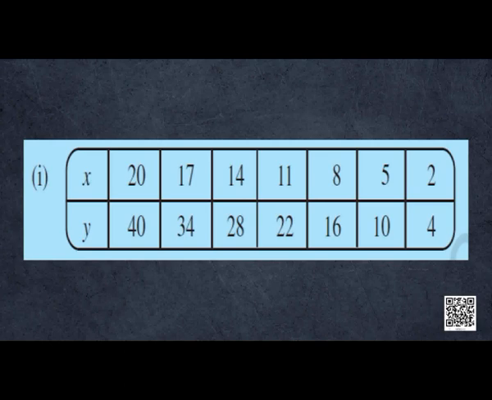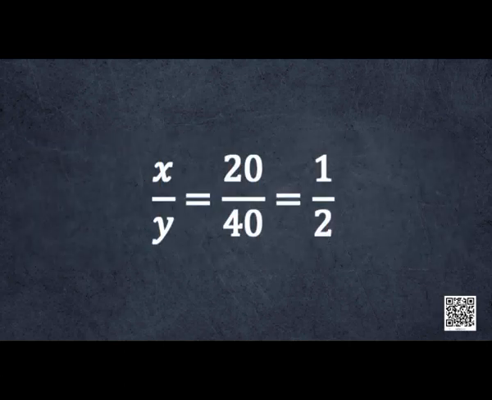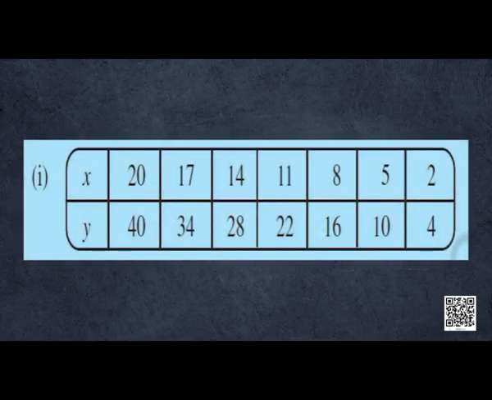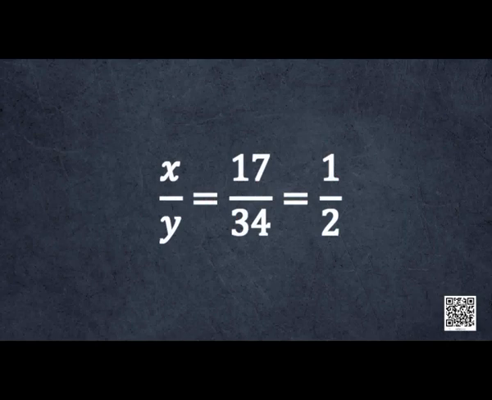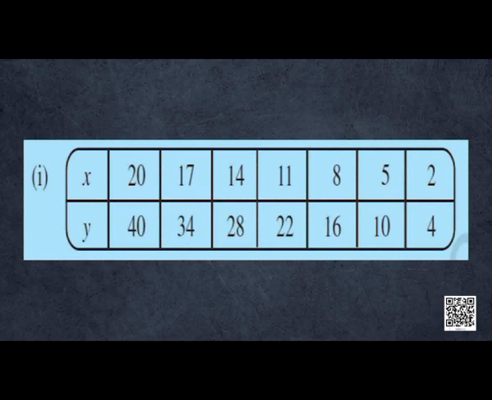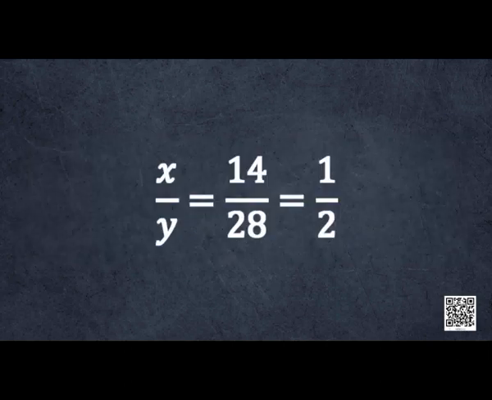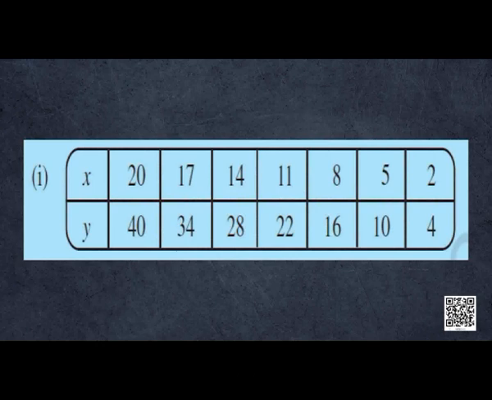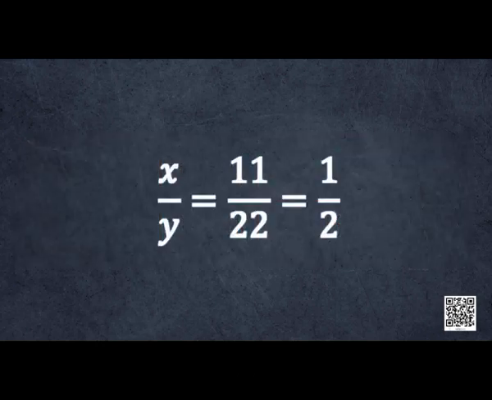In the first column, 20 divided by 40, which is equal to 1 by 2. Next, 17 by 34, which is again equal to 1 by 2. 14 by 28, yes, which is equal to 1 by 2. 11 by 22 is equal to 1 by 2.